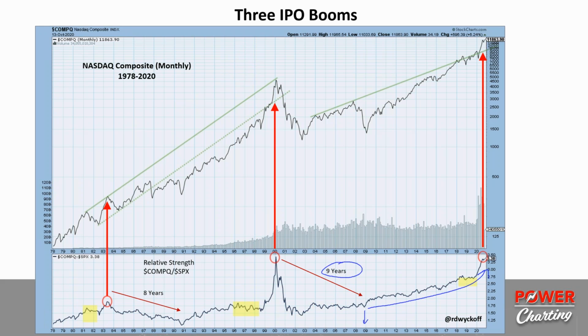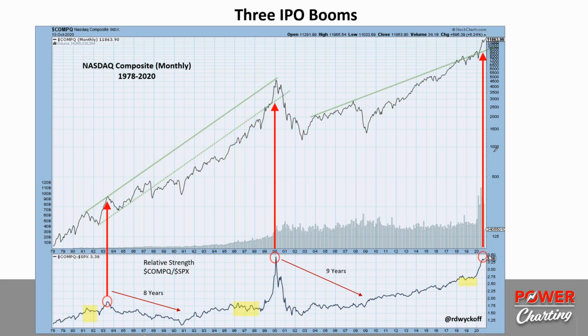But the point is, and I'm actually starting to see signs that there are other themes that are performing comparably to the growth stock theme, like the Russell 2000. In 2020, it started to perform on an equal basis. First time in years it's been able to do that. There is some rotation going on.